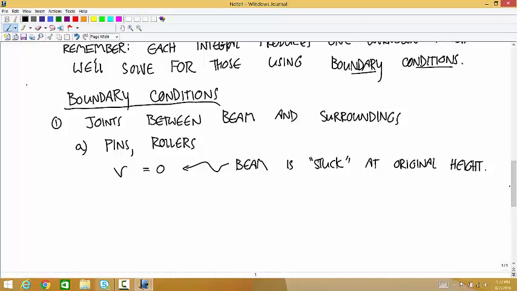To understand this, if you have a beam that's originally like this, okay, I'll just draw it as a line. After the deformation, this beam can do all sorts of stuff.